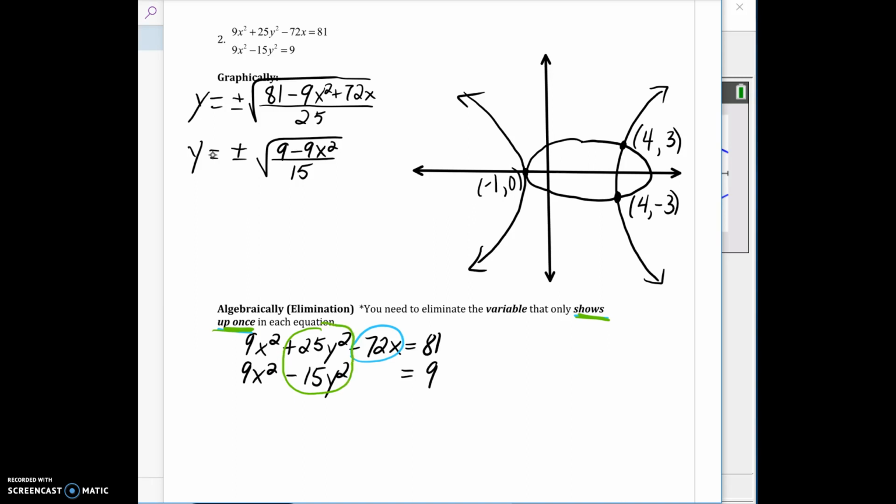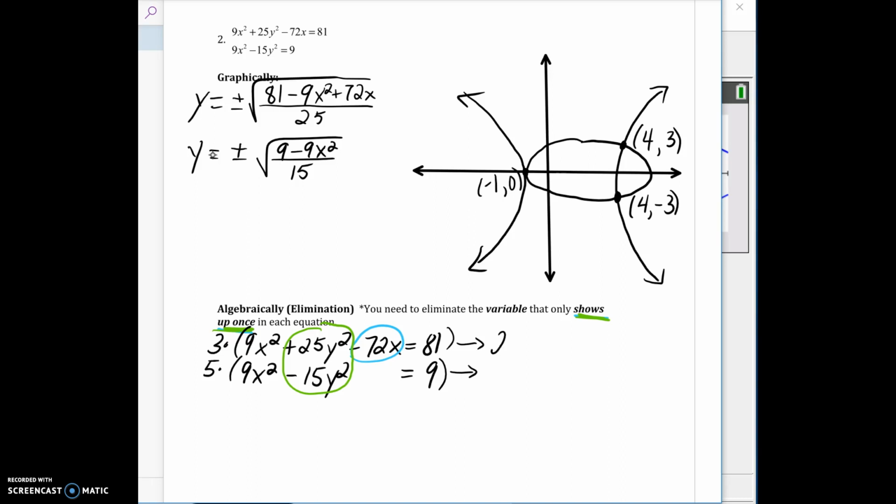All right, so instead, I'm going to look to multiply my equations by something that'll help me with eliminating the y's. And both 25 and 15 go into 75, so I can multiply the top equation by 3 and the bottom equation by 5. Just going to do some tiny arrows here because I don't have a lot of space.